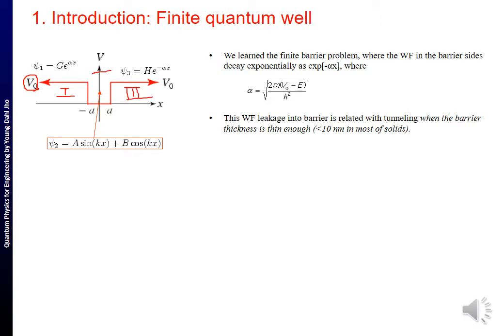In between we have region 2 where the potential is 0, and we set the potential to be symmetric, right? Then the solution should have a certain parity.